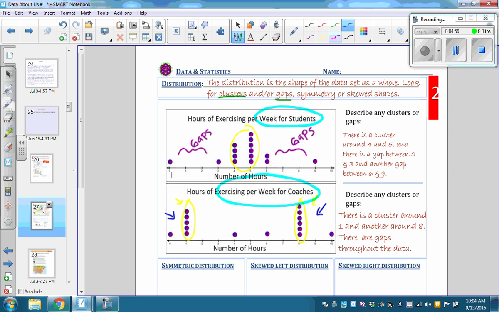Most coaches seem to exercise 8 hours a week or only 1 hour a week.